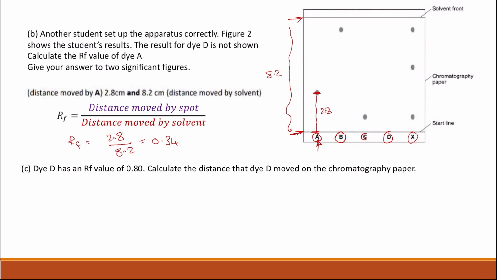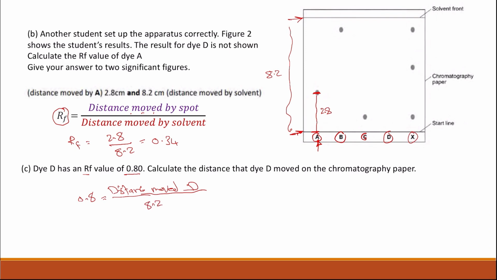Question C asks you about dye D. Dye D has an RF value of 0.82, so they give you the RF value here. Calculate the distance that dye D moved on the chromatography paper. We have the RF value, 0.82, and we need the distance moved by the spot. So 0.82 equals the distance moved by D over the distance moved by the solvent, which is 8.2 because we already calculated that.